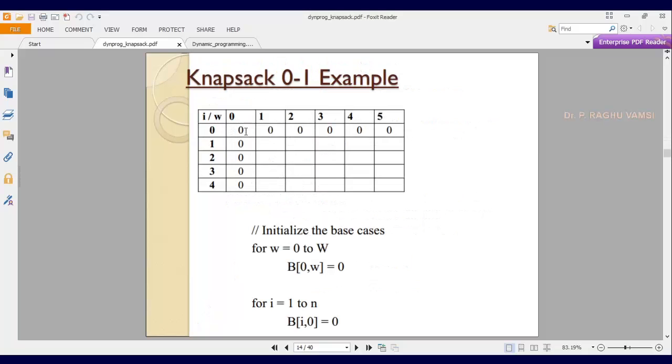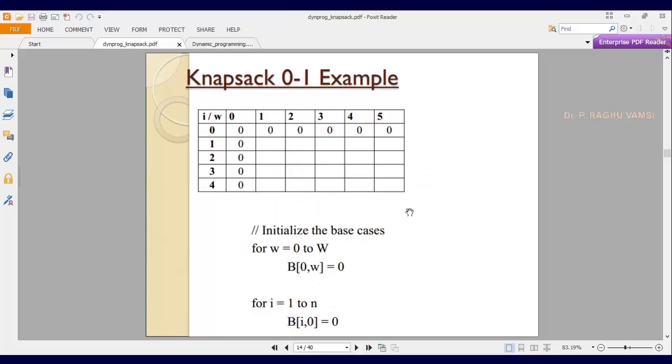So we are supposed to initialize the row with zeros and the column with zeros. Initialize the base cases: for w is equal to 0 to W, b of 0 comma w is equal to 0. So we initialize this. For i is equal to 1 to n, b of i comma 0 is equal to 0. So we have initialized this to 0.